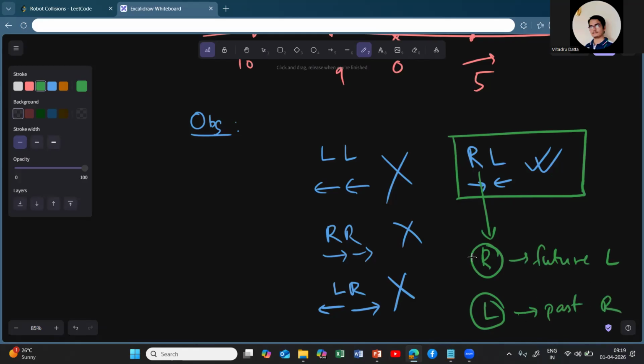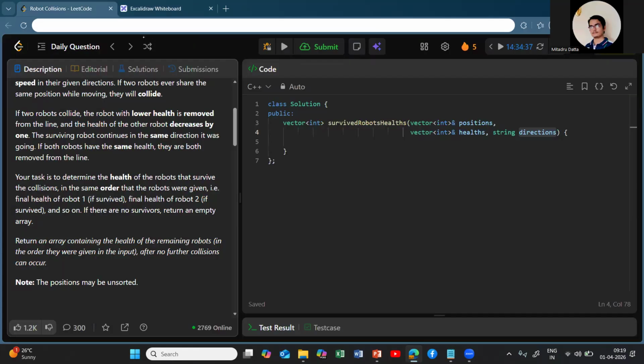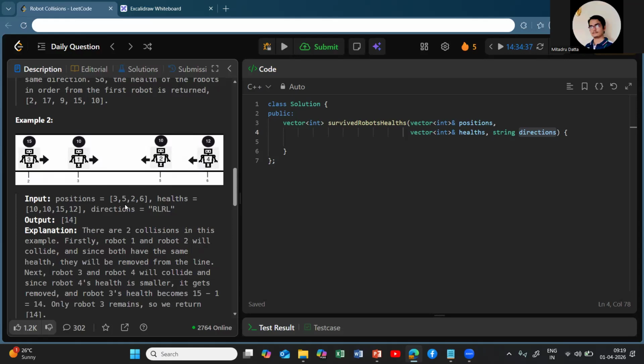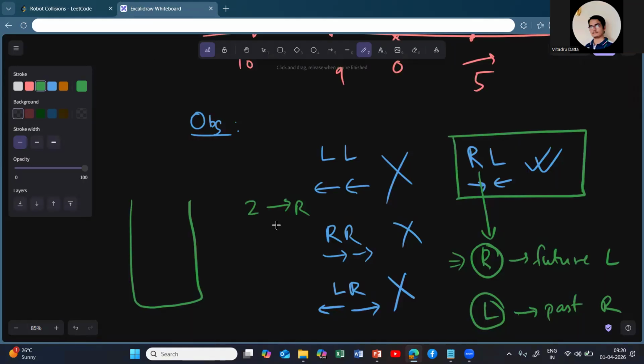Okay, so what you do when you get an R, you store it into the stack. So let's say you have a robot at position 2 which is going towards the right. Okay, so as you see, first of all, if you notice something, the positions may even be given to you jumbled. Okay, 3 5 2 6, see, they are not in the correct order. They are not in the order of 2 3 5 6, which happens in a number line.